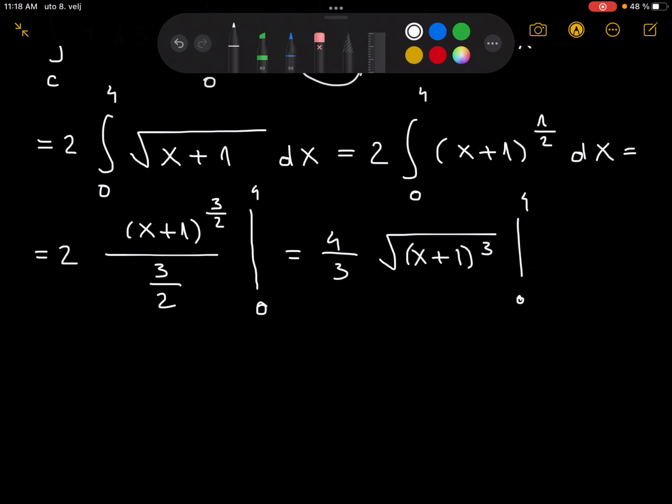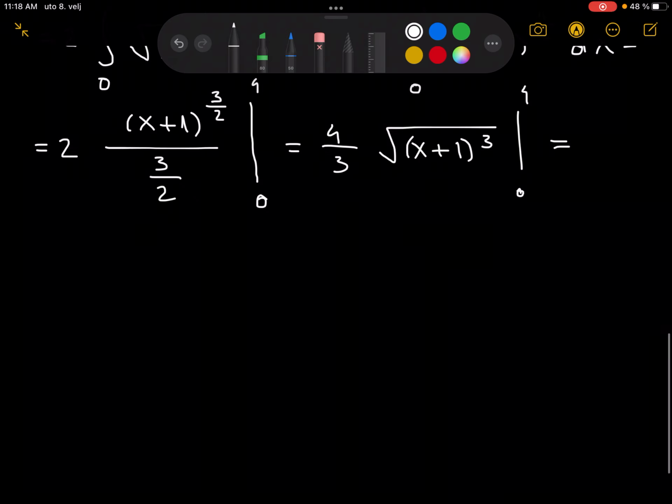We're still between the limits of 0 and 4, and this is equal to 4 over 3 times 4 plus 1 to the power of 3/2, which is 5 to the third power, 125, which can be rewritten as 5 times 25, so this will just be 5 times the square root of 5, minus, when we plug in 0, we'll get just 1.